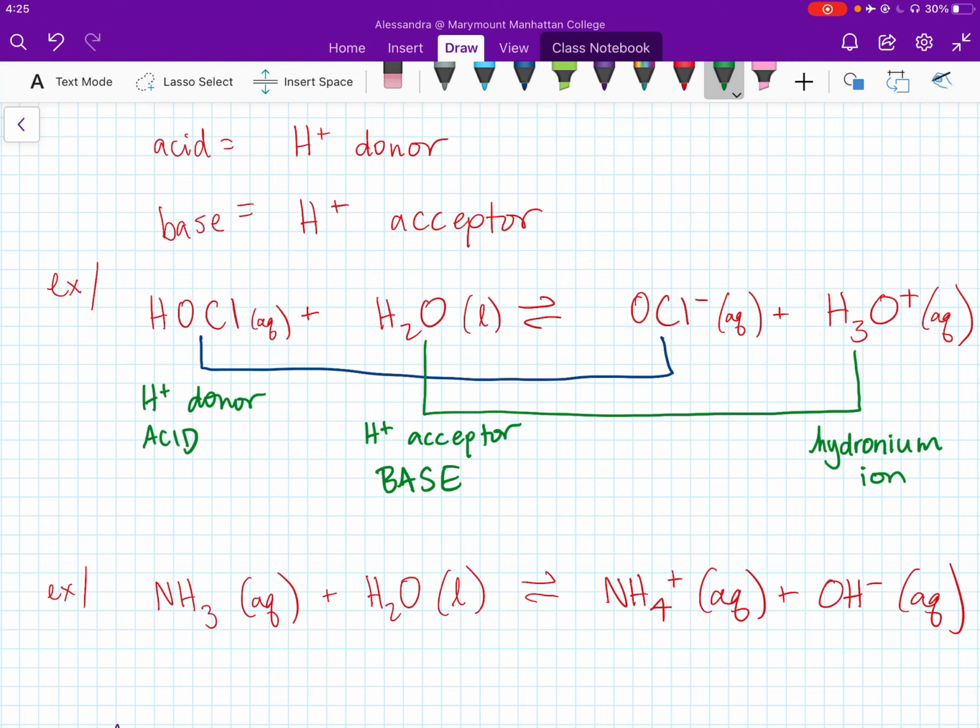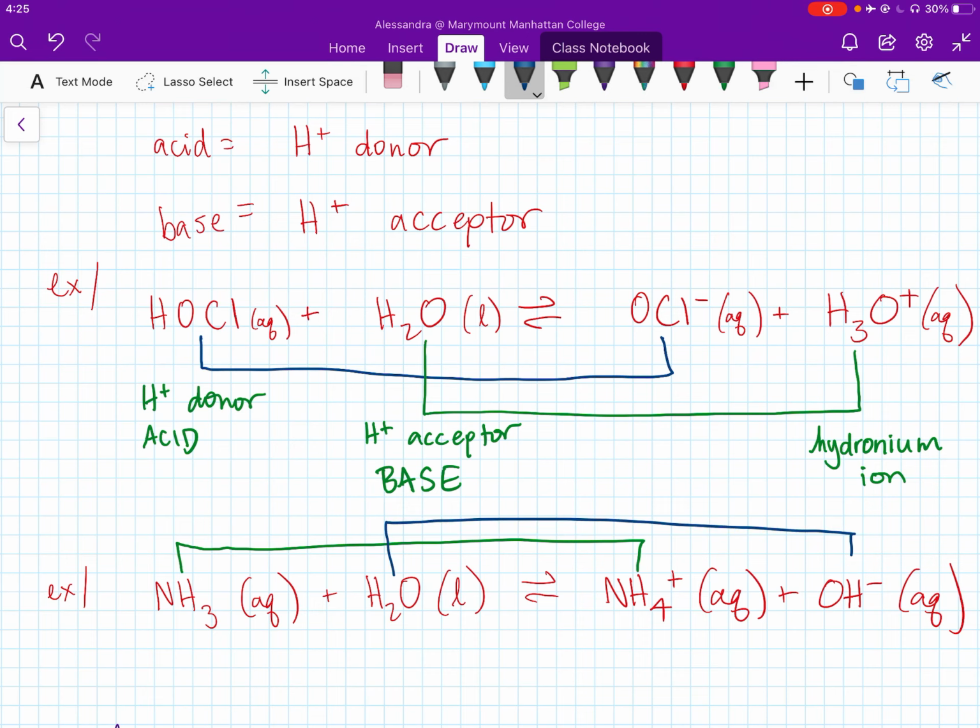Going from left to right, we can see that the ammonia is accepting a proton to make the ammonium ion. Conversely, water gives away its proton, and what's left on the right side is hydroxide. So here, it's clear that ammonia is functioning as the proton acceptor, or the base, while water is functioning as the proton donor, or the acid, in this reaction.